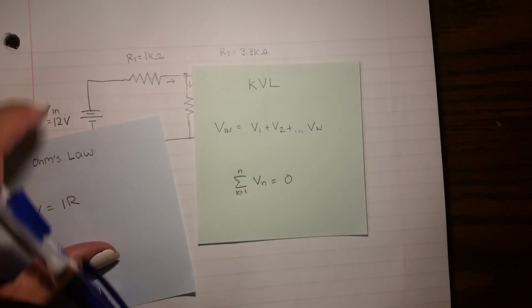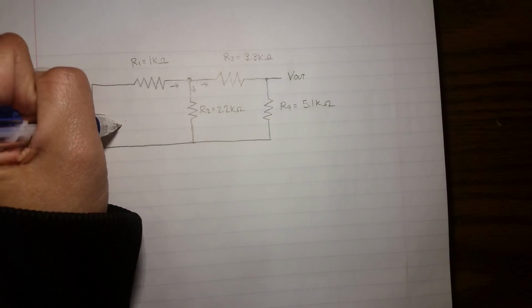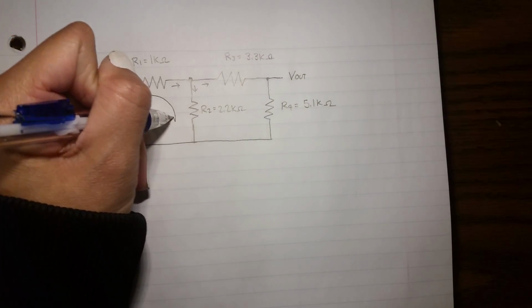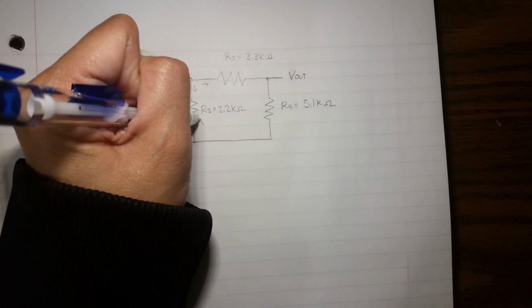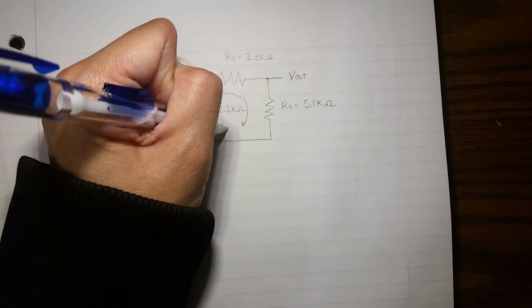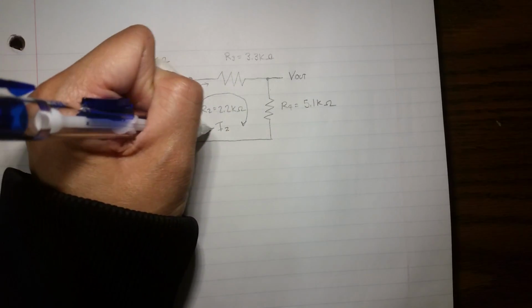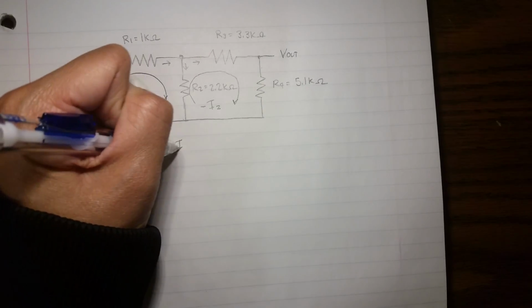Okay, this is a little different from last time because the current across here is not going to equal the current across here. No, they are not the same. So I1 is not equal to I2.